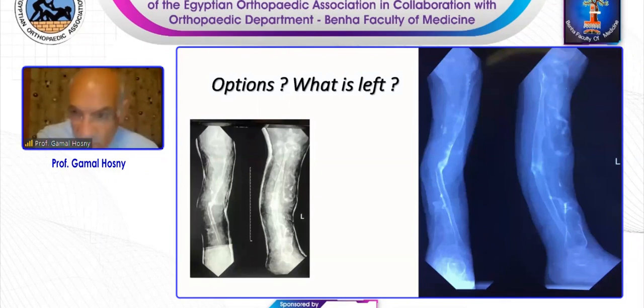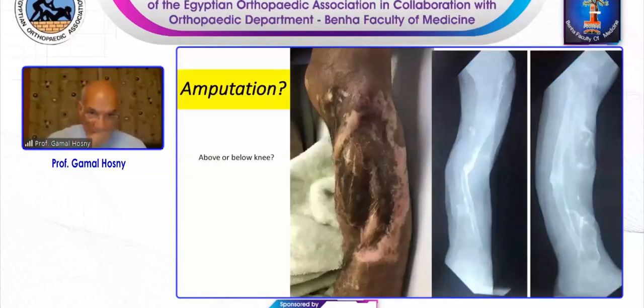So my plastic surgeon thought it's a straightforward case for amputation. We discussed the amputation with him, but the problem was he cannot do below-knee amputation because of the skin around. So he suggested above-knee amputation.